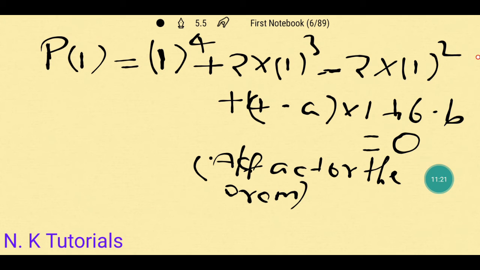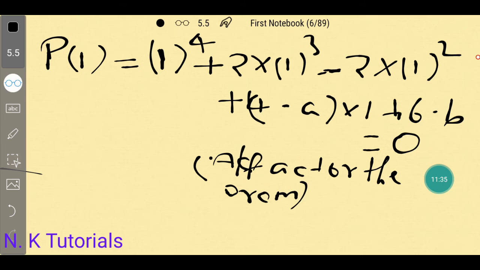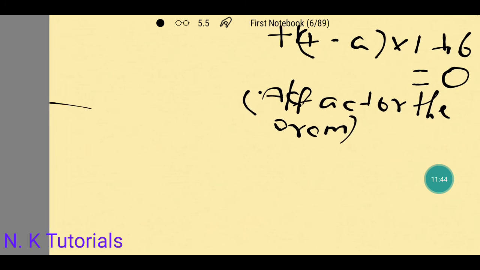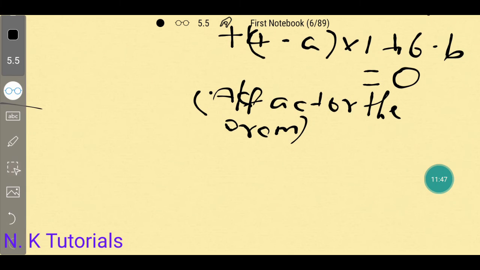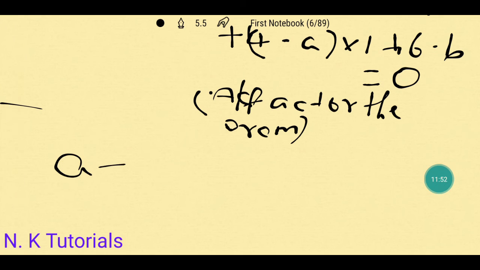When you solve it, it will come a plus b is equal to 11.